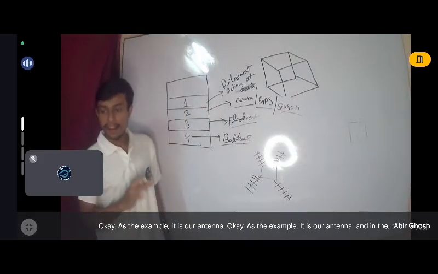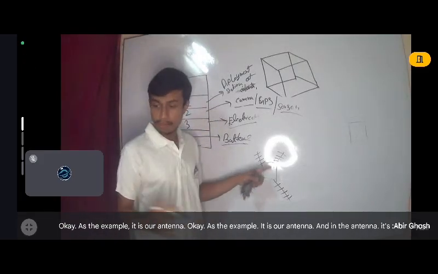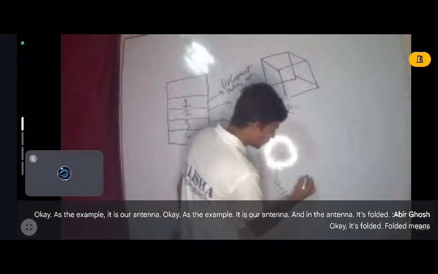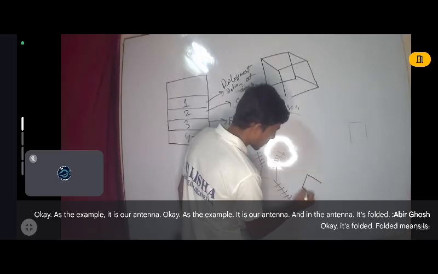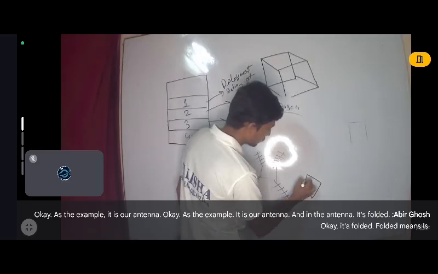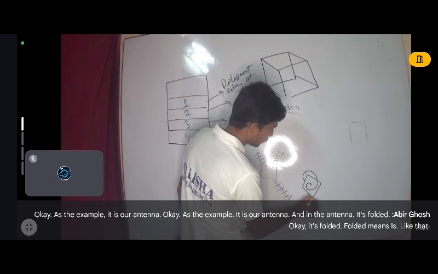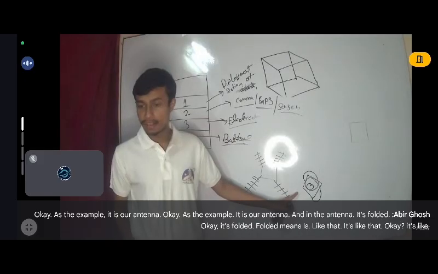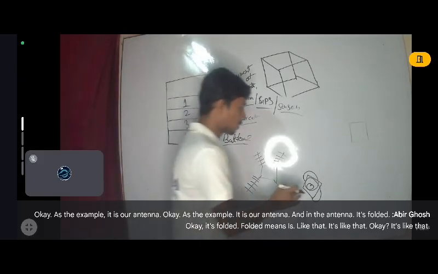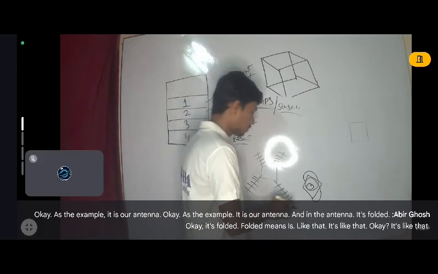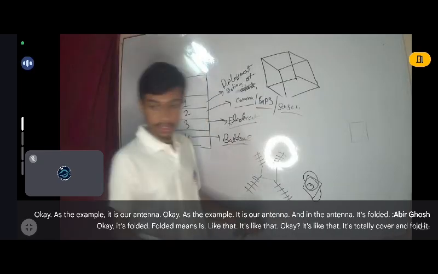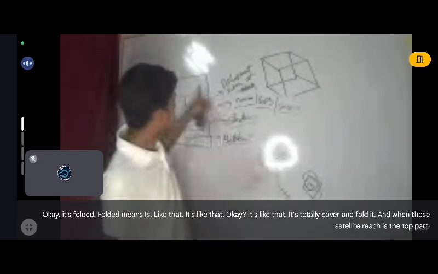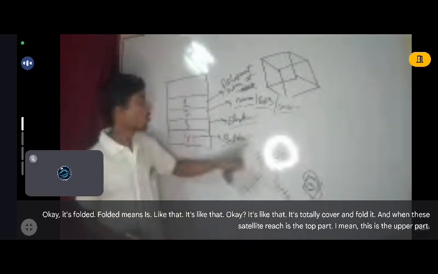In the antenna, it's folded, like that. It's folded, and this is the top part, the upper part of the satellite.